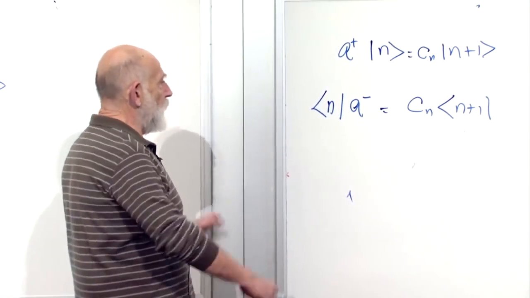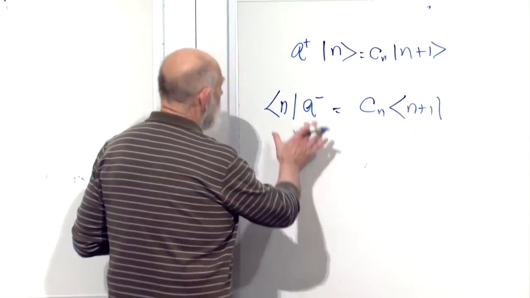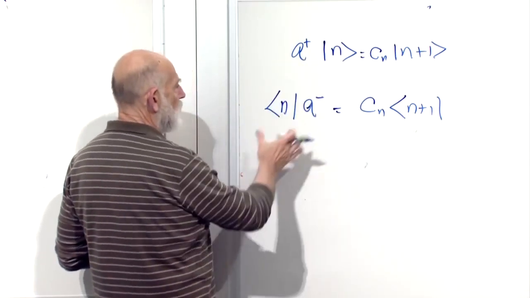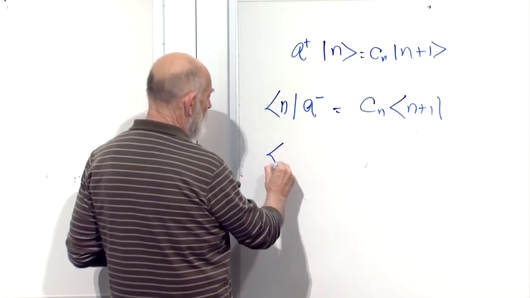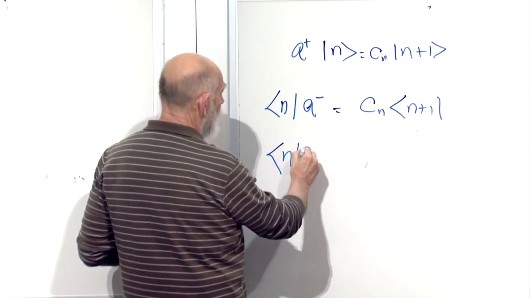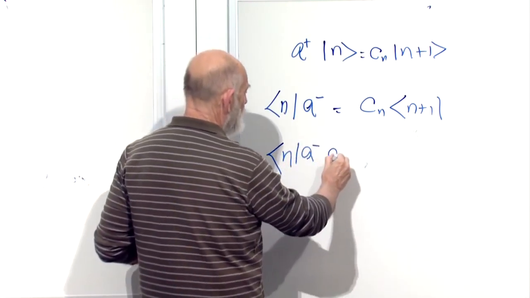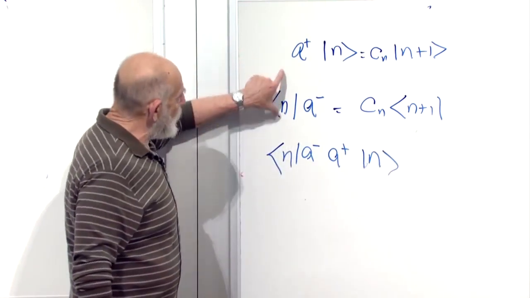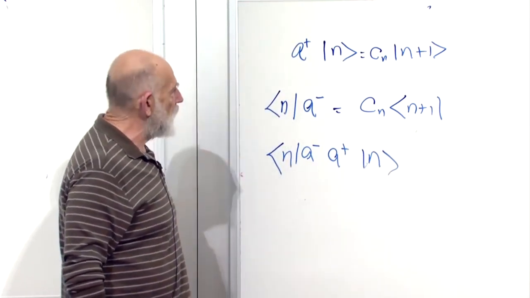Okay, now, here's what we're going to do. We're going to take the inner product of this equation, the bottom one, with the top one. Let's write it out. N, A minus, A plus, N. That's what happens if you take the inner product of the left side here with the right side here.